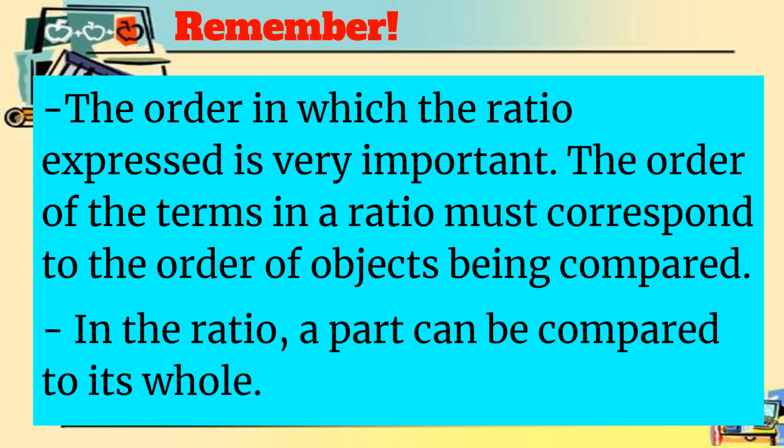And in the ratio, a part can be compared to its whole. So, hindi lang kung ano yung nakikita natin na given, na exact given, or specific given, we can also compare or write a ratio that can be compared into a whole or kabuuan nito. So, for example, let's have our next example.